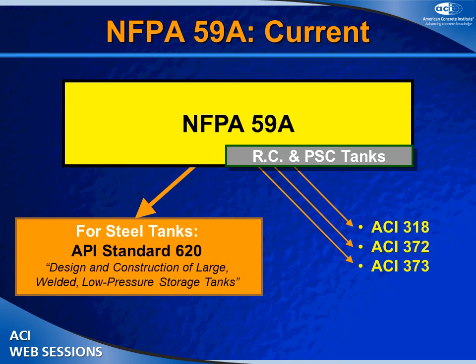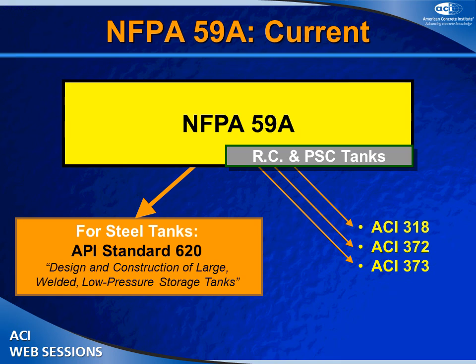Right now, the current NFPA 59A is a 2009 edition. For steel tanks, it uses API 620, which is design and construction of low pressure storage tanks. And then for reinforced concrete or pre-stressed concrete, it uses 318, which is a great code, but it's a code for buildings.